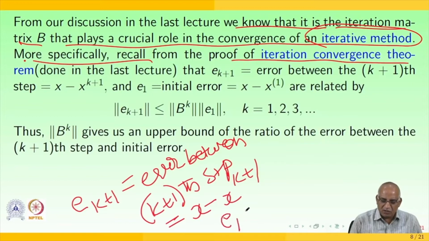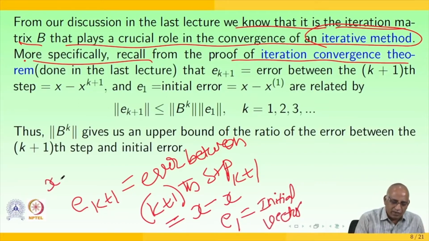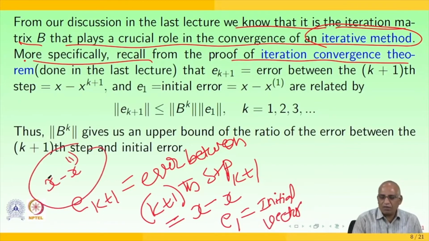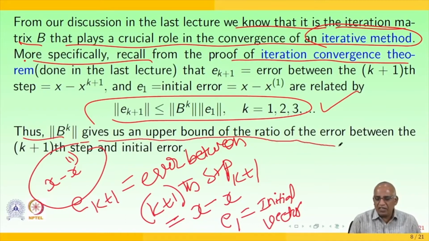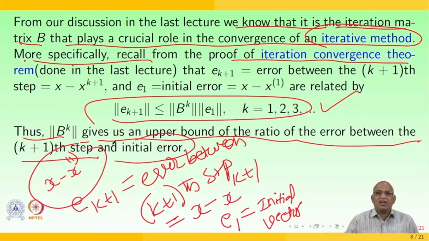So E1 is the initial error vector, x minus x of 1, related by this expression: norm of E k plus 1 is less than or equal to norm of B to the k times norm of E1. Thus, norm of B to the k gives us an upper bound of the ratio of the error at the k plus 1 step and the initial error.